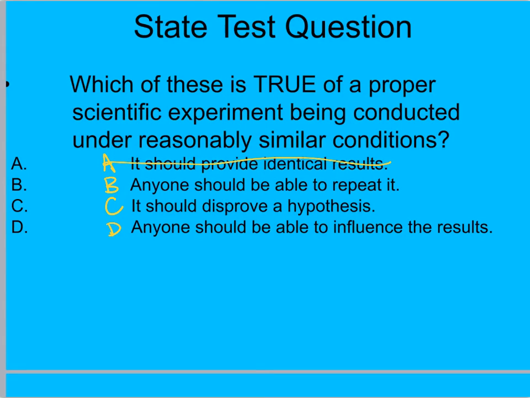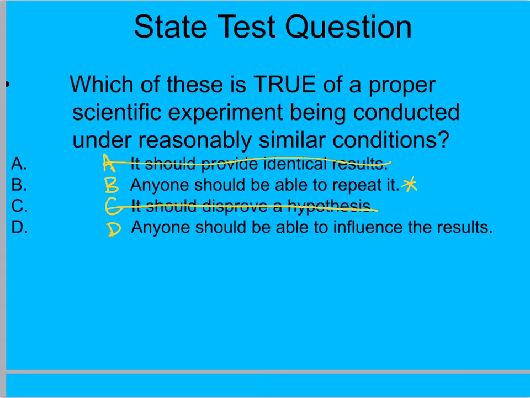Should anyone be able to repeat that experiment? Yes, that is very important. You have to be able to repeat the experiment if it's a proper experiment. You've got to give good directions so that anyone can repeat it. If it's not repeatable, it's not a good experiment. Should it disprove a hypothesis? No, sometimes it's going to support a hypothesis.